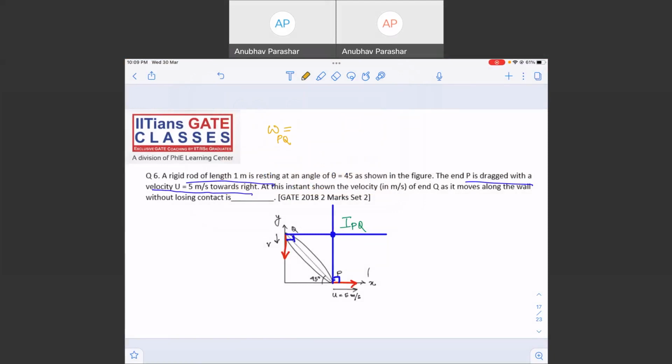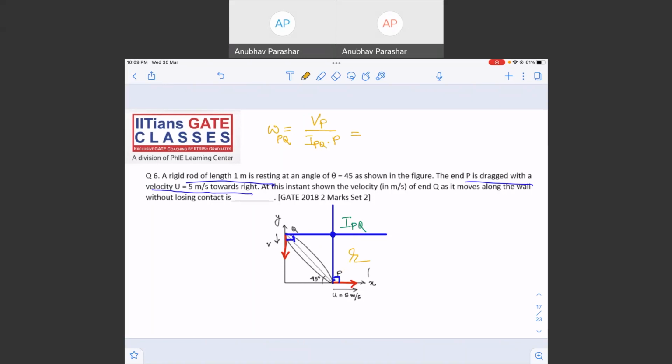Can I say the angular velocity of the link PQ is equal to the velocity of point P divided by the distance from the I-center to P? This distance is nothing else but R, right?